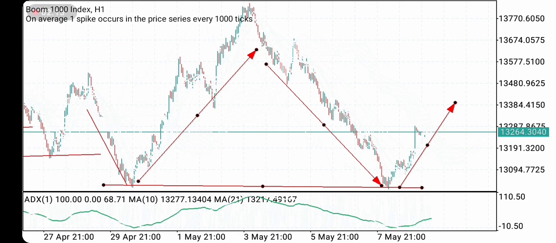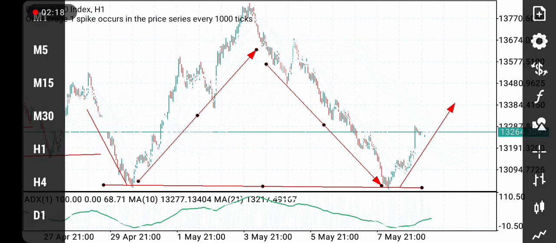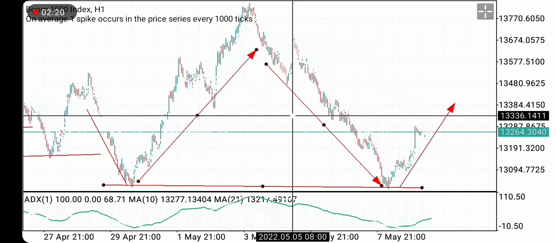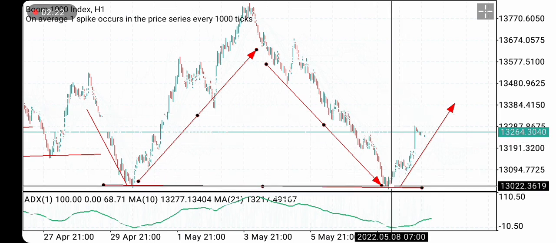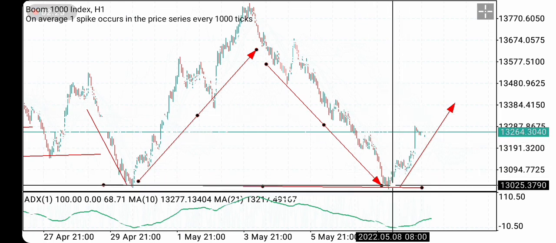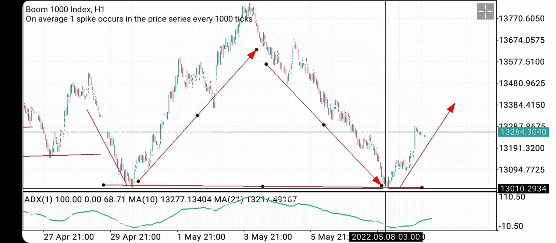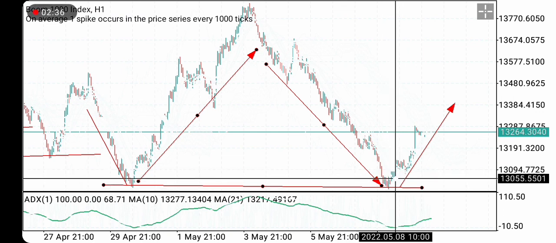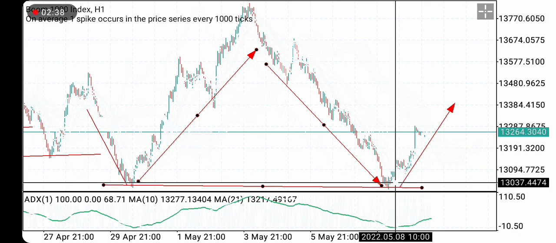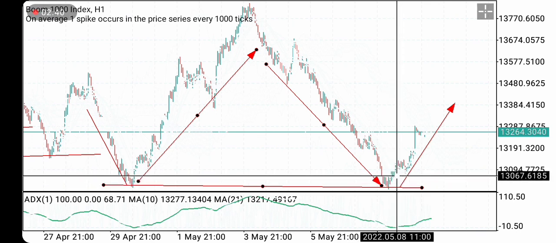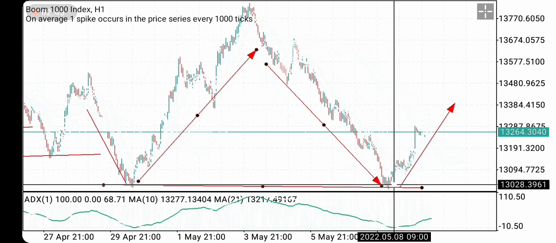whereby we can input our order. As the market reaches this support line here, when you are trading, you should know that the support line is already accurate. What you just need to do is to wait for confirmation. The confirmation is that you should wait till the market moves upward a little, when you are on the 1 hour time frame.